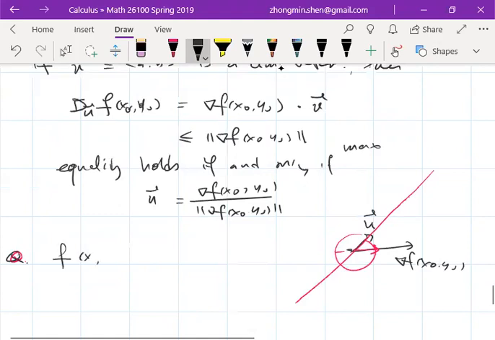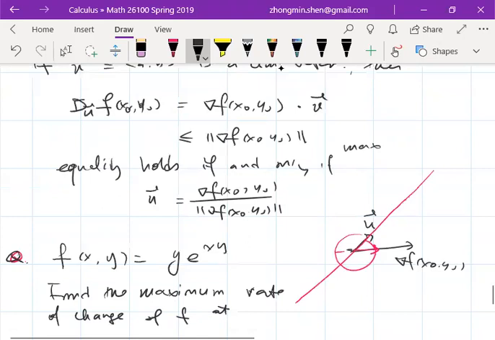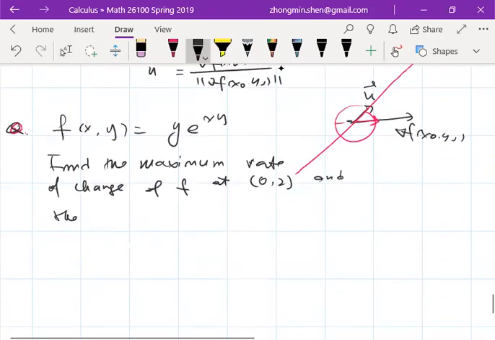Given the function f of x and y equals y e to the x y, find the maximum rate of change of f at the point (0, 2), and find the direction.